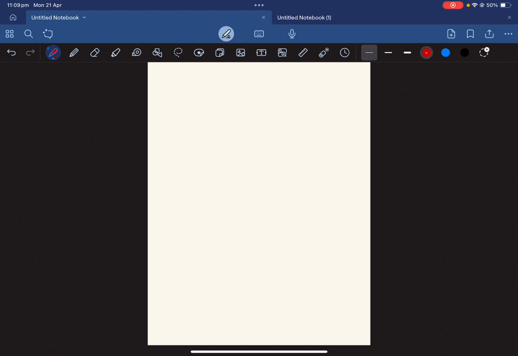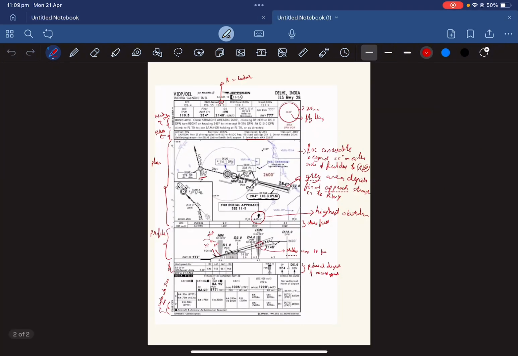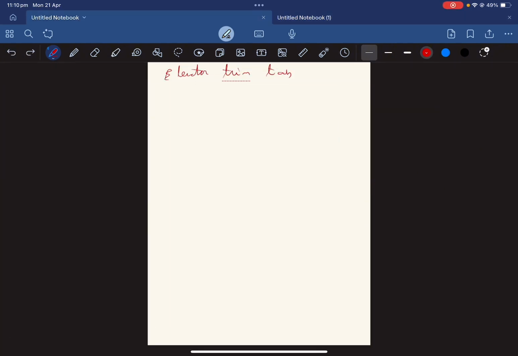Let's discuss the issues you can have with your elevator trim tab. The disadvantage with trim tabs is reduced nose up pitch authority with forward CG.